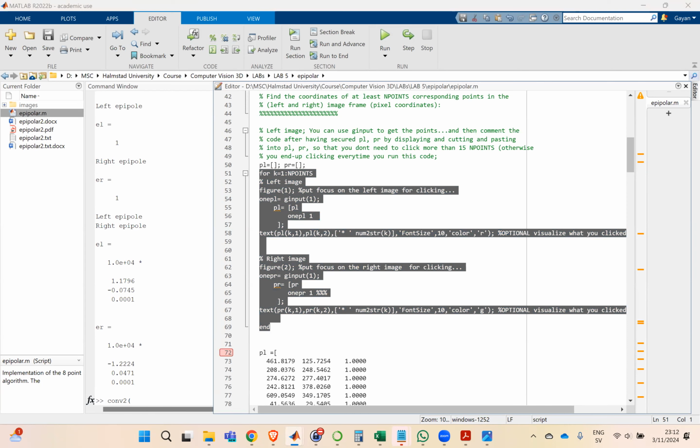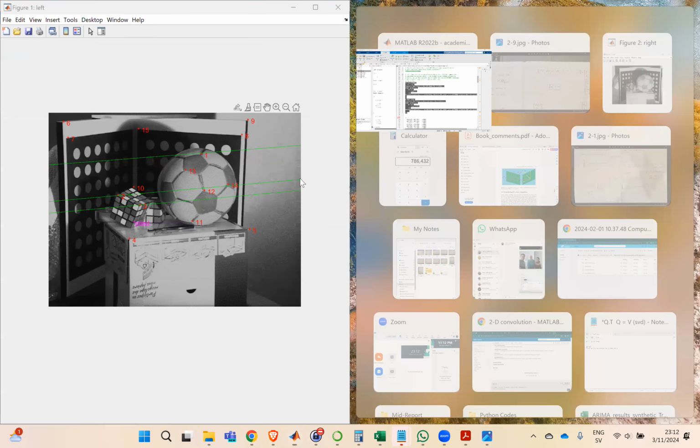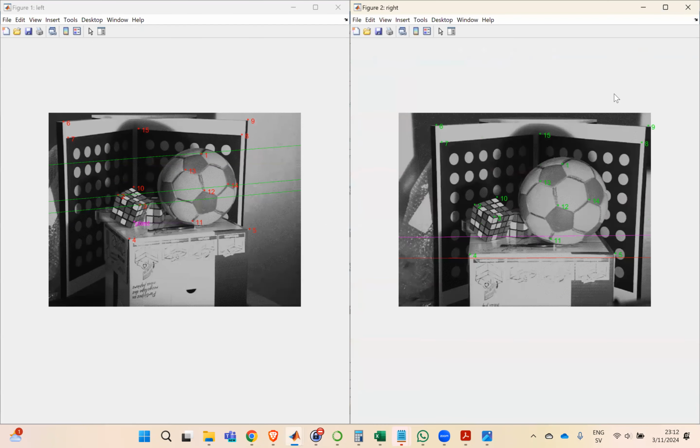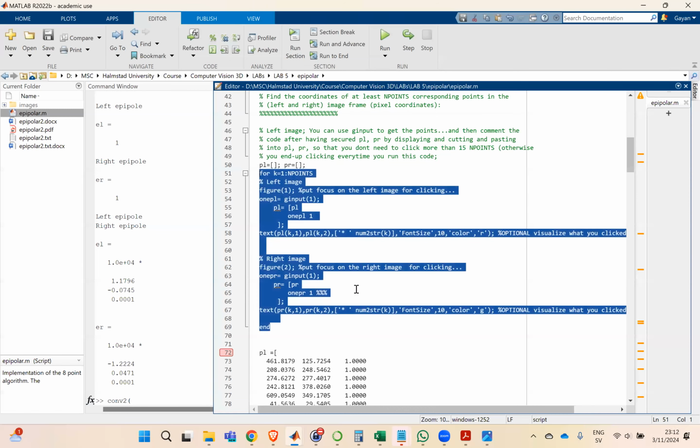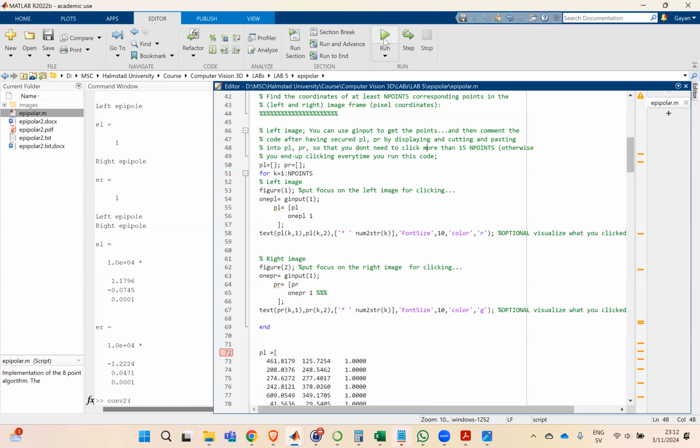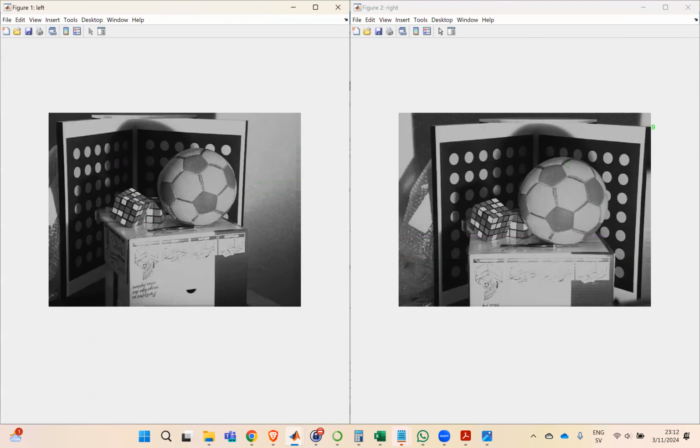This is left, right image. And I will run it now. So now I need to pick and take the points, but it should be the same thing. I need to click on the other side also.